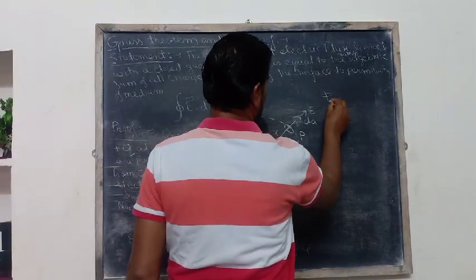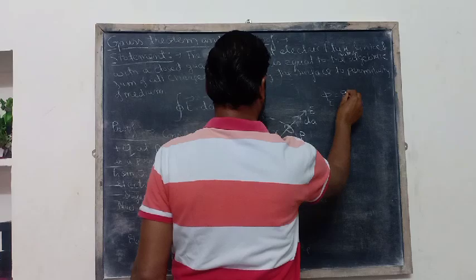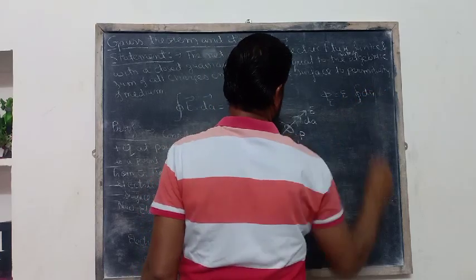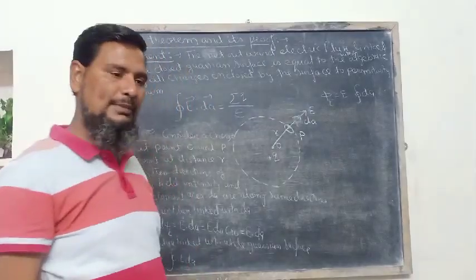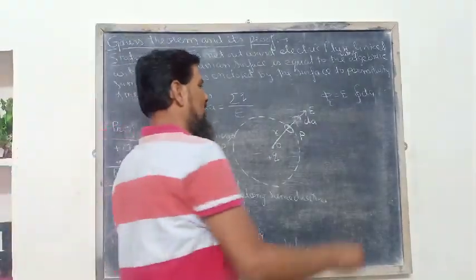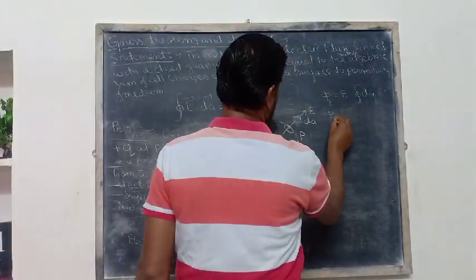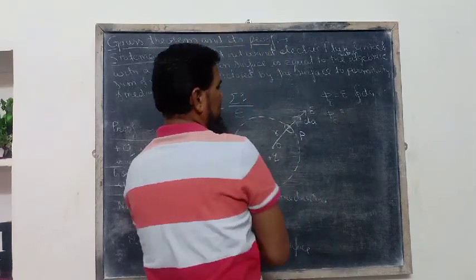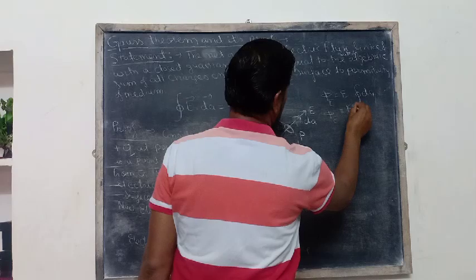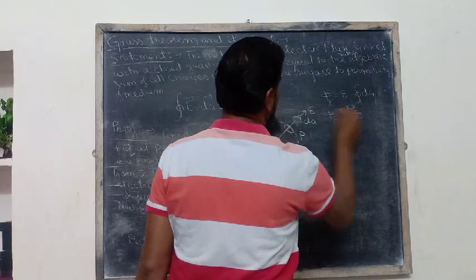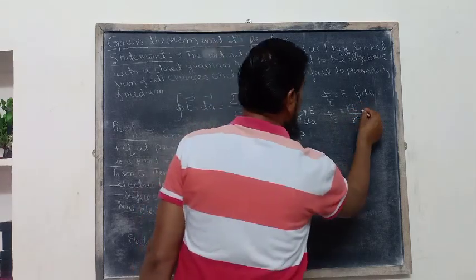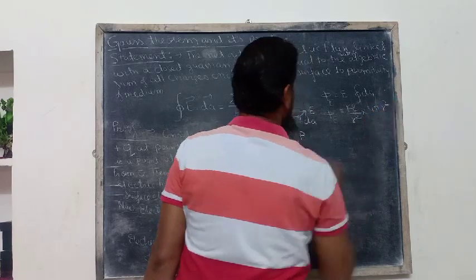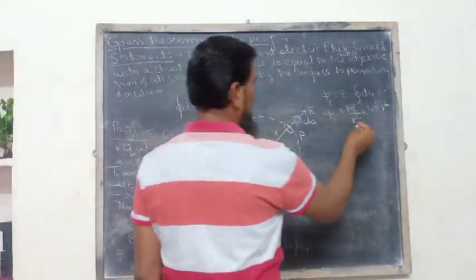Then phi E is equal to E times integral dA, because E can be taken out, as the electric field intensity is the same at every point on the Gaussian surface. We know that the electric field intensity due to a single point charge at distance R is kQ upon R square, and 4 pi R square is the area of the sphere.